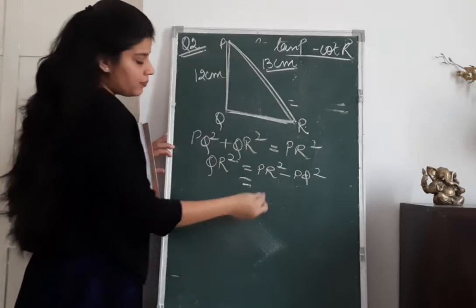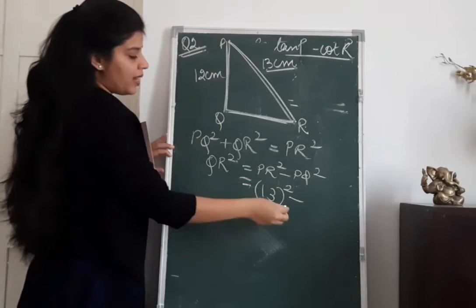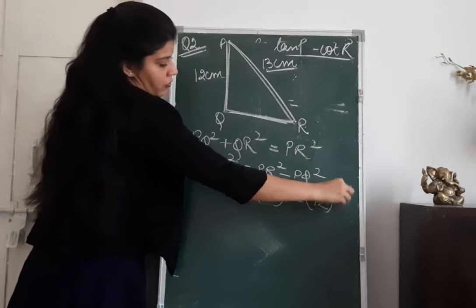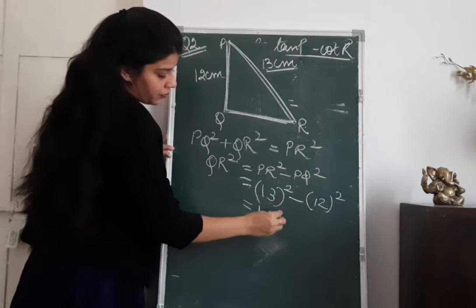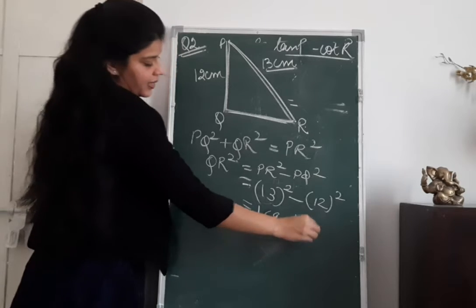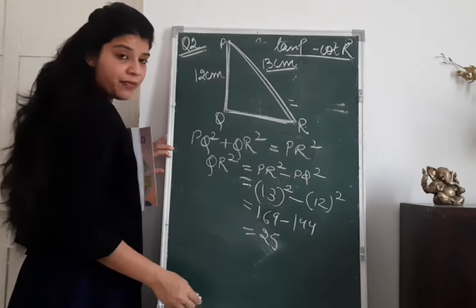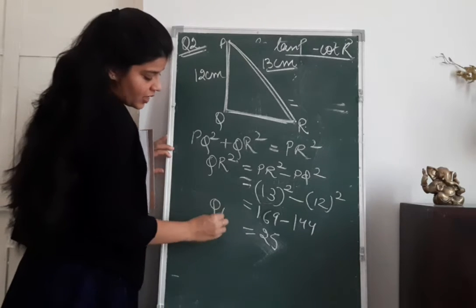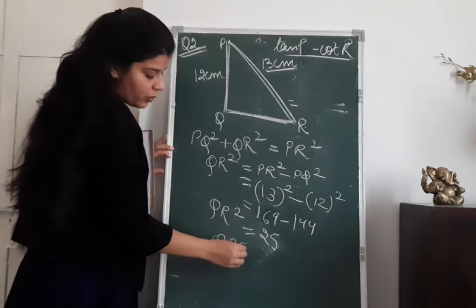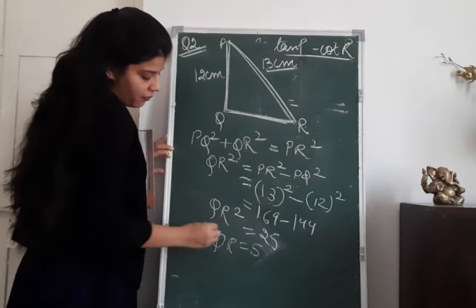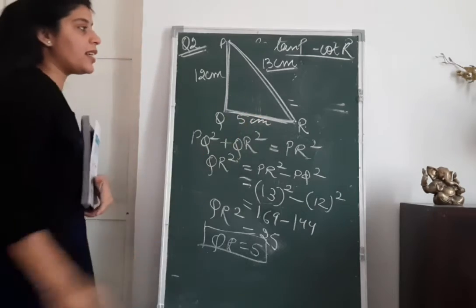PR is 13. 13 square minus PQ is what? 12. So 169 minus 144, that is equals to what? 25, which gives me QR square is equals to 25. So QR will be equal to 5, right? So I can write here 5 centimeter.